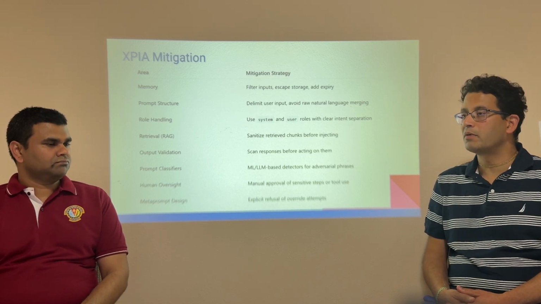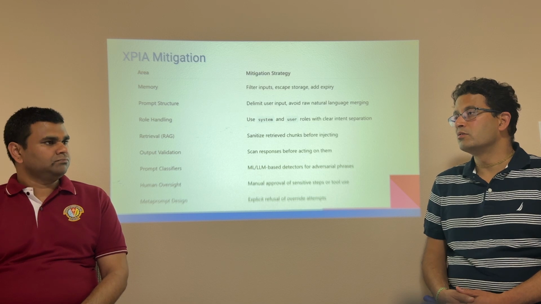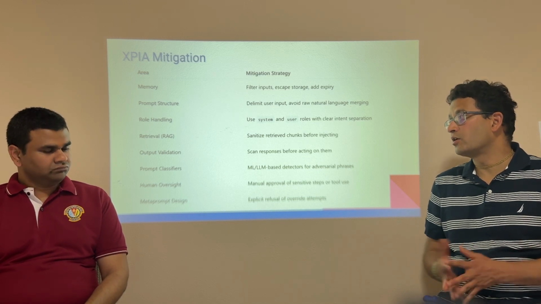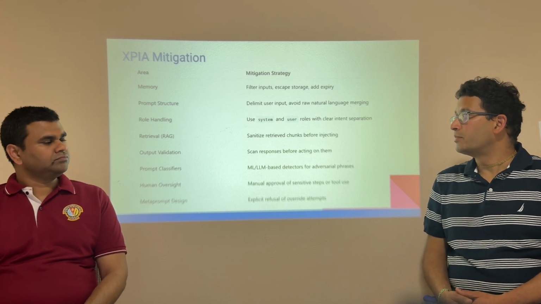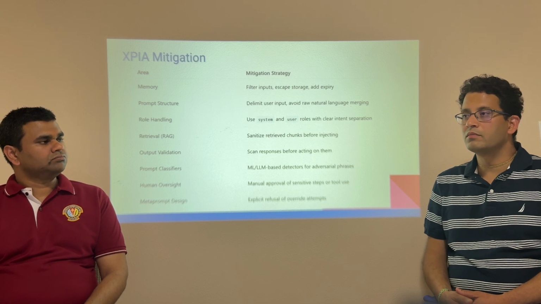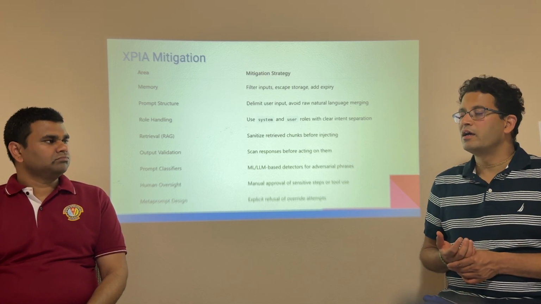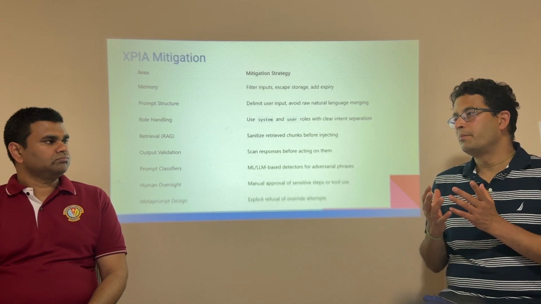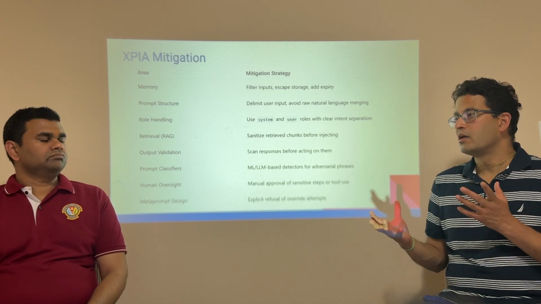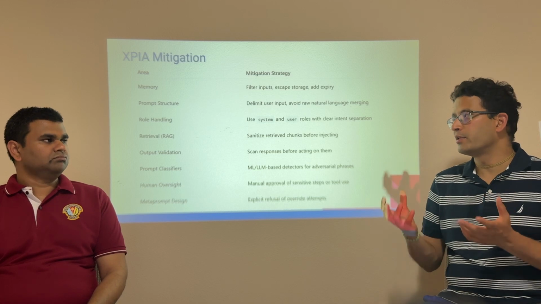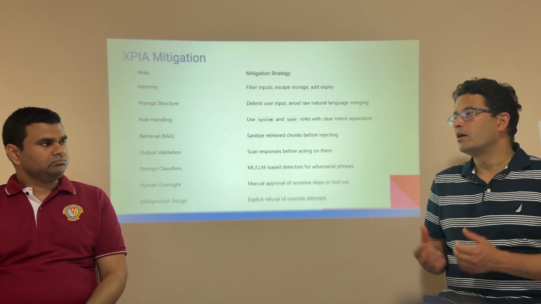XPIA is one of the top attacks that happens, because of the non-deterministic nature of LLMs. But still, a traditional security approach like defense in depth works, and so does breaking the prompt into different parts and understanding what we can do.